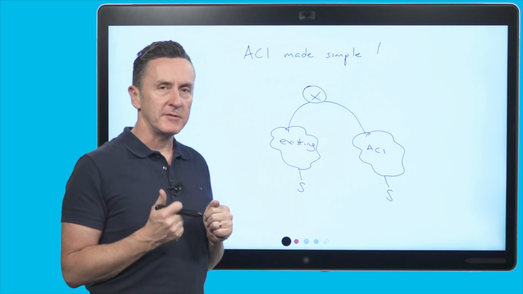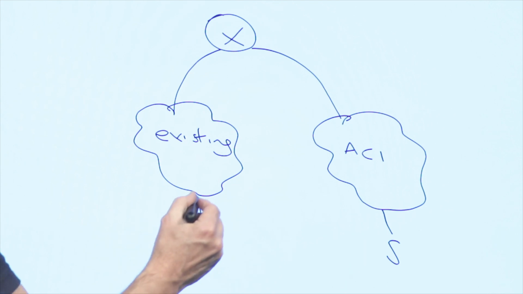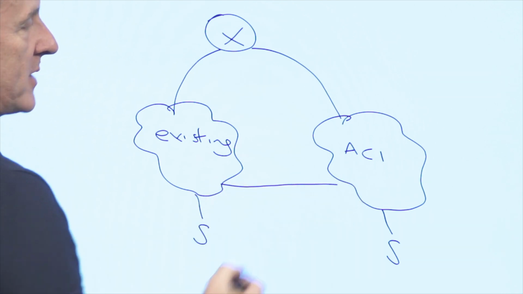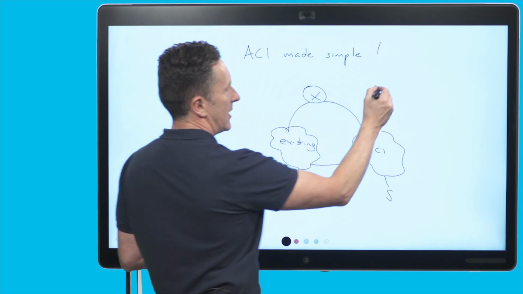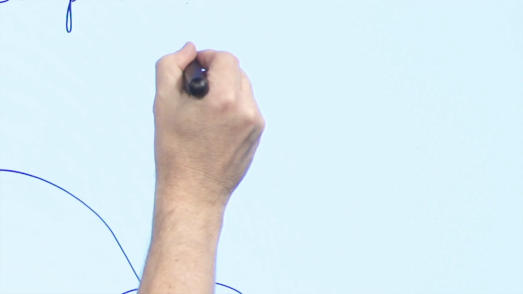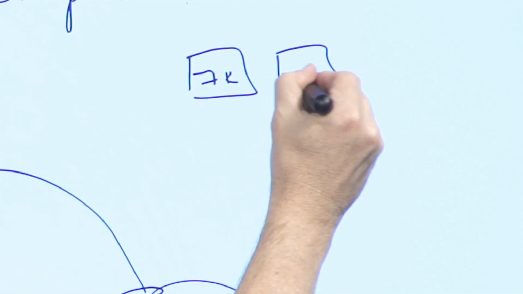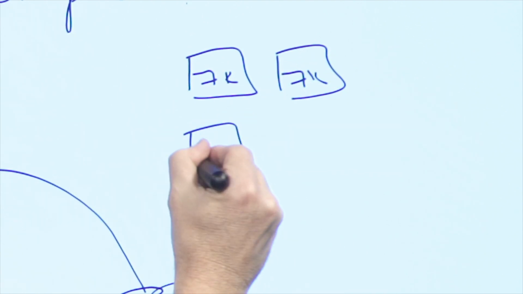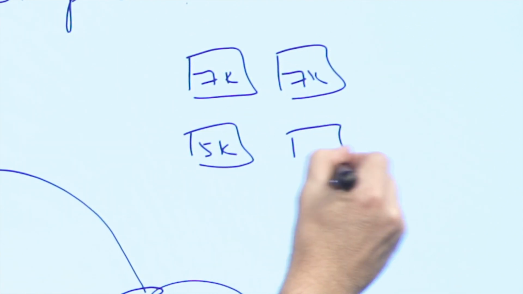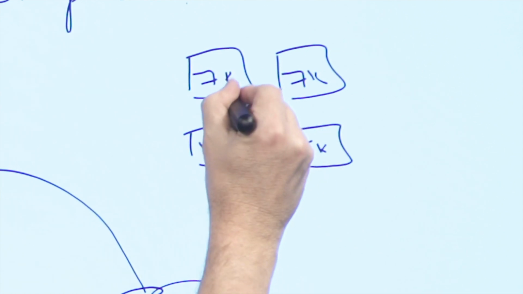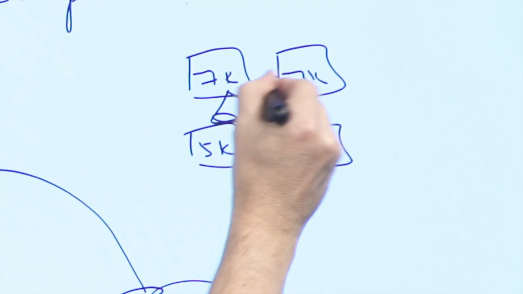The layer 2 connectivity is very, very simple. I literally take a connection from my old network to my new network. If I was to draw a traditional topology, I might have my Nexus 7Ks at the top in my old network, and maybe some Nexus 5Ks at the next tier. These would typically be vPC attached.